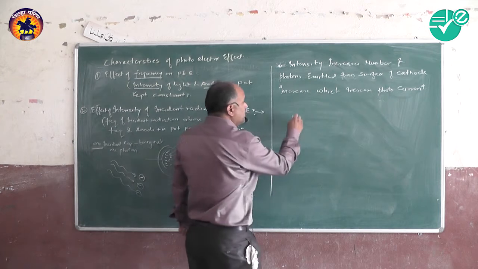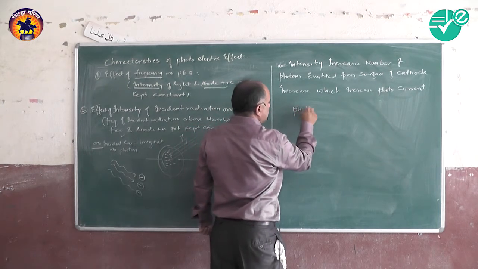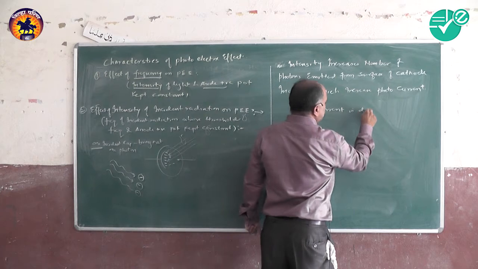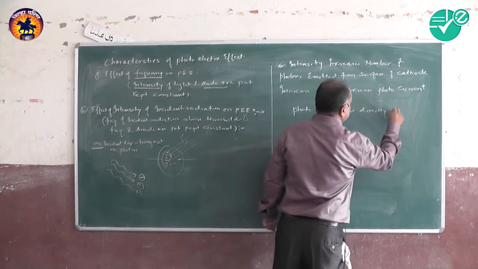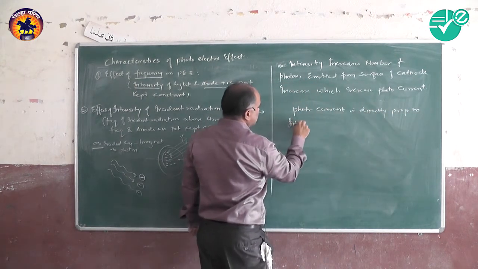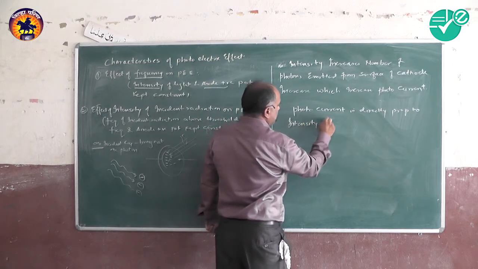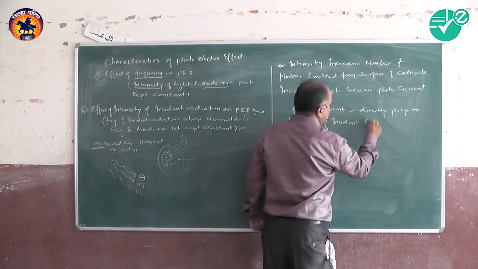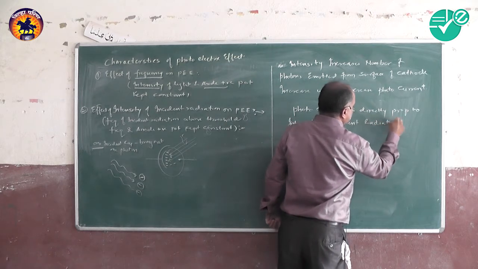That means photo current is directly proportional to the intensity of incident radiation.